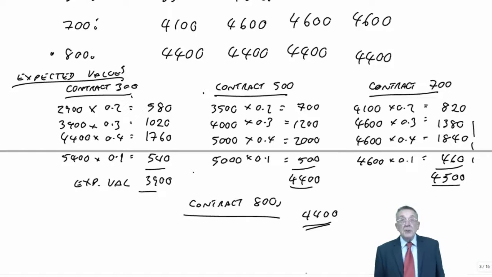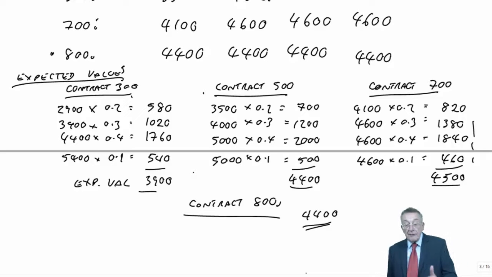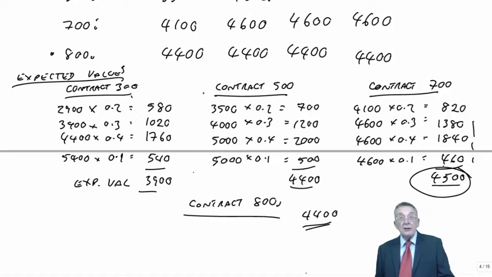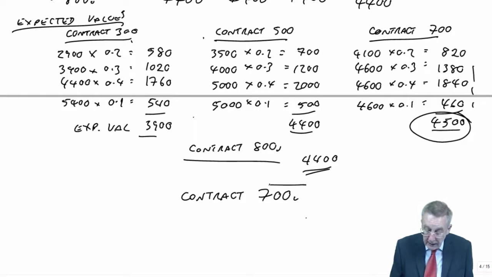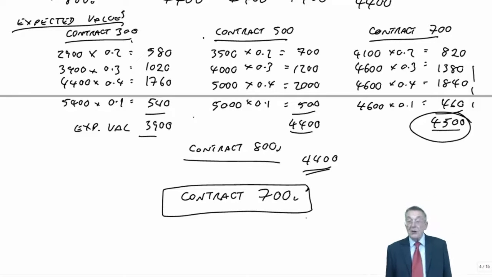On expected values, work out the average, the expected return for each of the four choices. Whichever's the highest is the best, and the highest is 4,500. And therefore, the decision we'd contract to make 700. Not to make, I beg your pardon, to sell 700. So there we are.